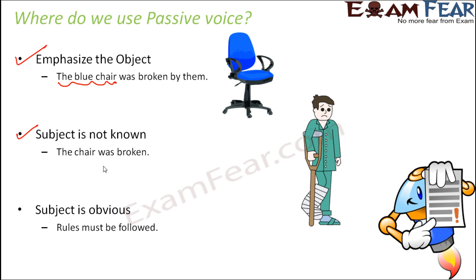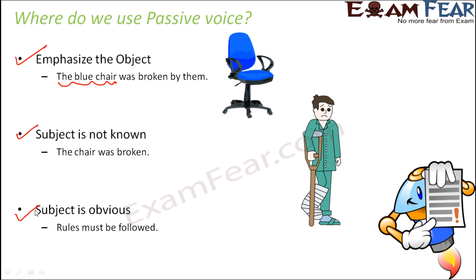Therefore, you do not feel the need of mentioning the subject. So in that case also, we make use of passive voice. In fact, most of the advices or instructions are generally given in passive voice, because the instructions are meant for everyone. In most of the cases, we do not feel the need to mention the subject in the instructions, and that is why advices and instructions are generally in passive voice.